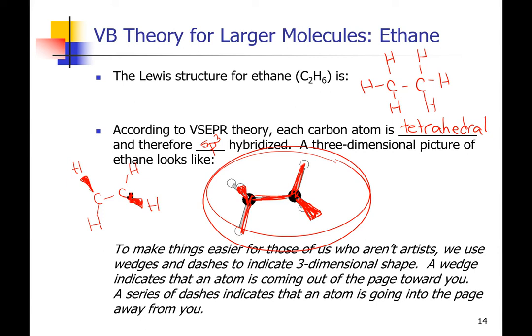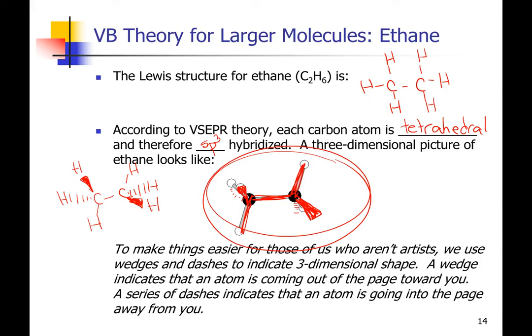So essentially a series of dashes that get longer as you get away from the central atom. And we do that for our 2 hydrogens here that are going away from us into the page. And so that's how I would draw a 3-dimensional picture of ethane.